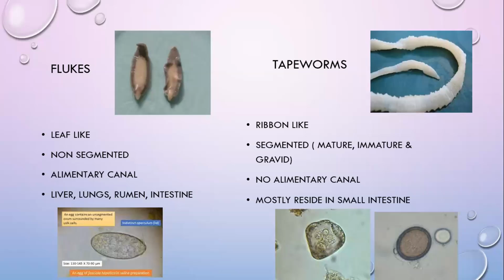As far as the eggs of these parasites are concerned, fluke eggs are oval in shape, and a peculiar thing is that at the anterior end they have a cap-like structure known as the operculum. In the case of tapeworm eggs, we find two types. Either the Anoplocephalidae family eggs, that means Moniezia, Stilesia and others, which mostly affect small ruminants.